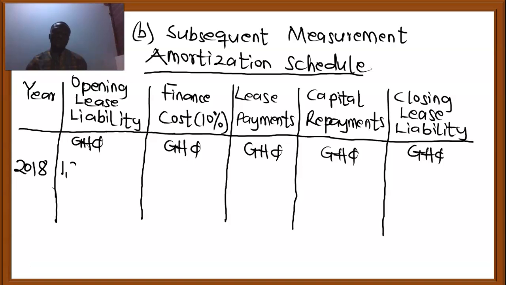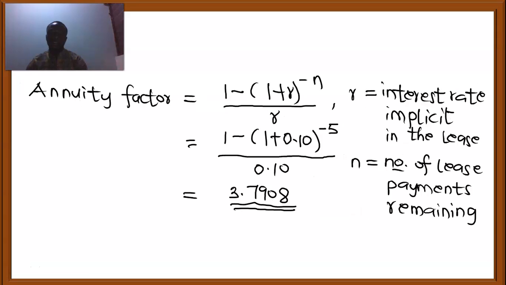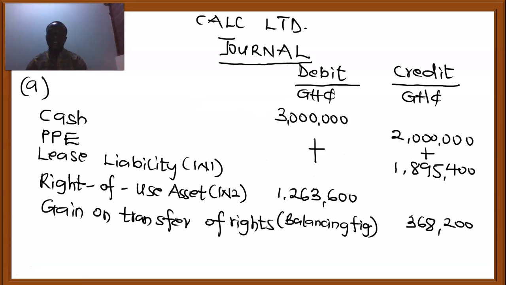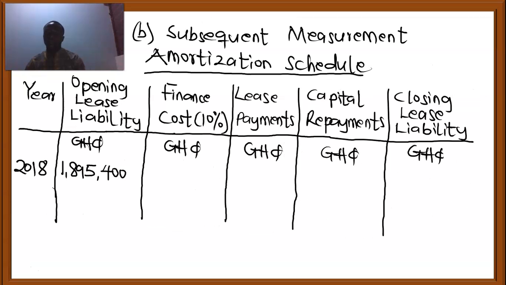The amount we recognize in respect of lease liability was 1,895,400. Alright, then we multiply the figure by 10%.